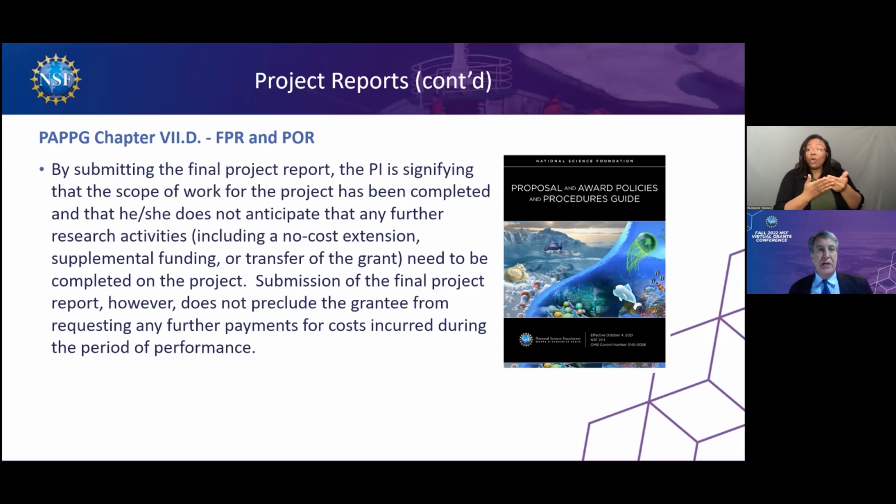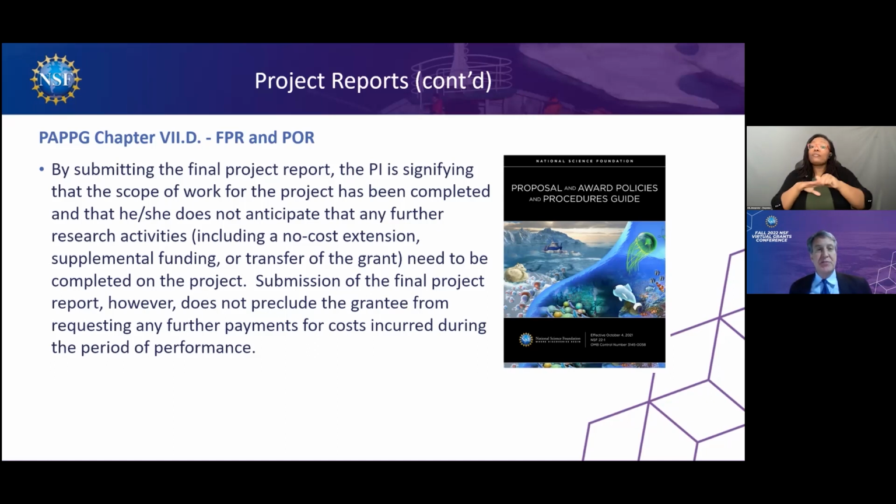So if you are looking to get a no-cost extension, if you're looking to do a PI transfer, if you're looking to get a supplement, you should hold off on submitting those final reports. Because again, NSF is saying, if you submit those, you're telling us that the project has been completed. If the project's been completed, you shouldn't need a no-cost extension, a PI transfer, a supplement, or any other sort of action.